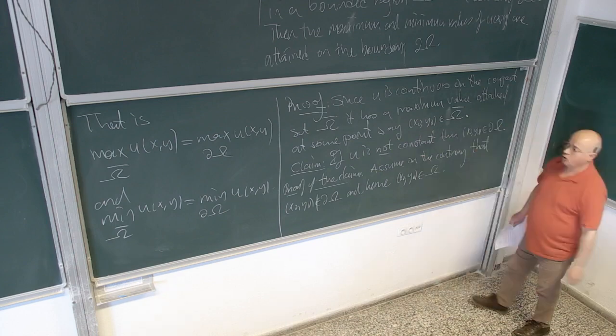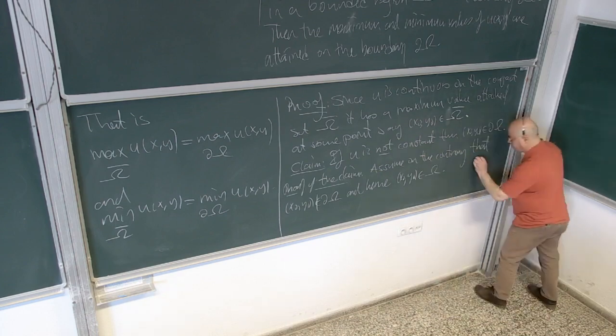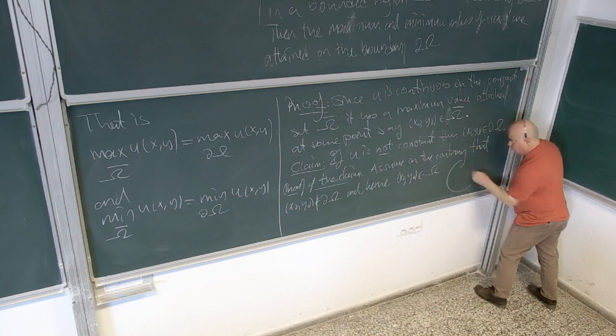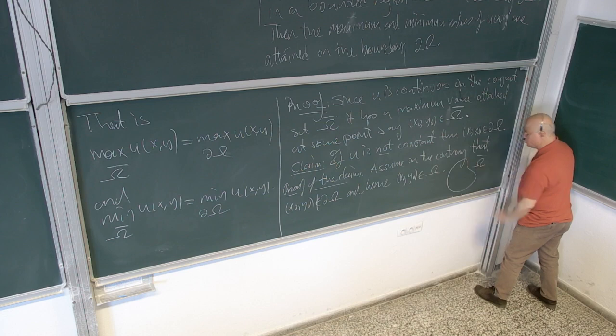So in this open set, yani şu bizim omega'mız, daha doğrusu omega'nın closure'ı, bu boundary'si, değil mi?